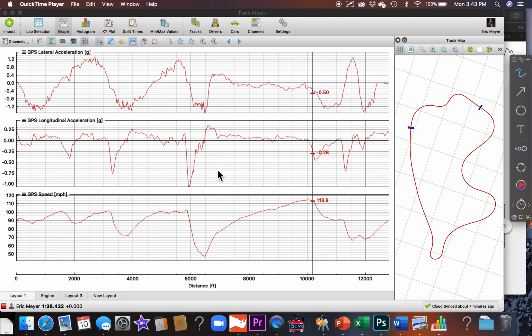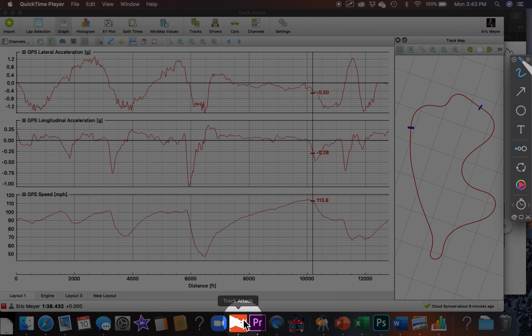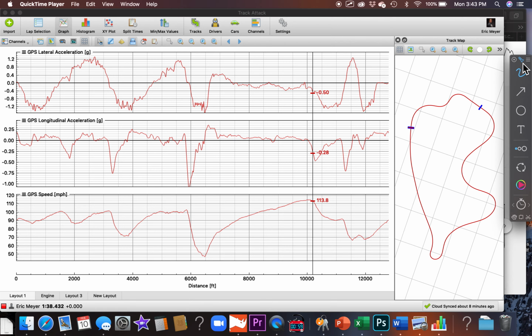We are using Track Attack, and that Track Attack software that looks like this little icon right here is free software for Mac and PC. And you can also, and I'm not paid to say this, get the $99 annual subscription, which is absolutely fantastic.